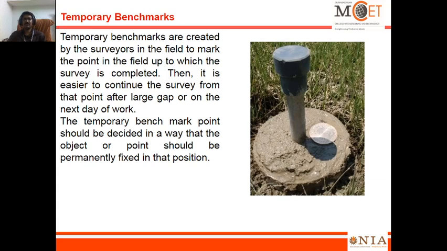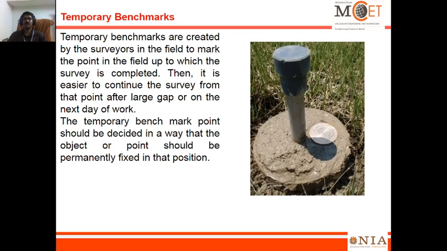Next, temporary benchmarks are created by the surveyors in the field to mark the point up to which the survey is completed. At the end of the day they need to wind up and continue the survey the next day. So to continue on the next day, they make this type of benchmark.